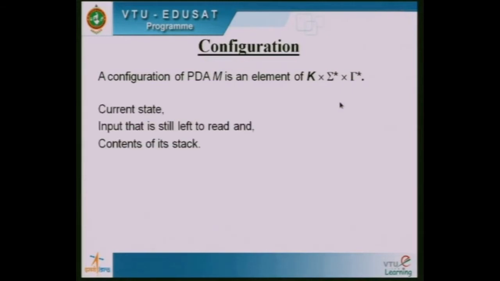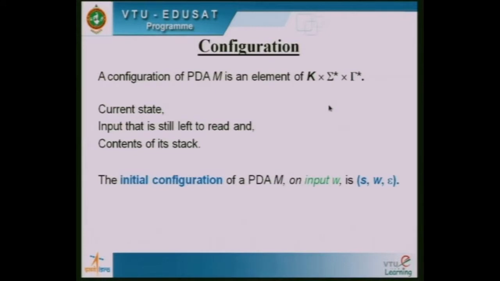Before starting with designing the pushdown automata, we have to discuss some of the terminologies used here. First one is configuration. What do you mean by configuration? A configuration of a PDA M is an element of K × Σ star × Γ star, where K is the current state, Σ star is the input that is still left to be read, and Γ star is the contents of its stack.